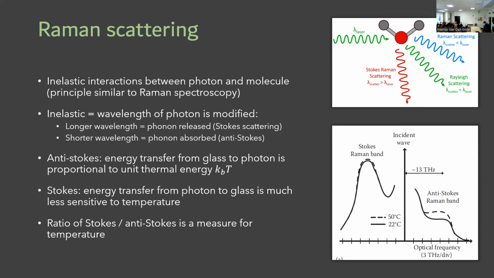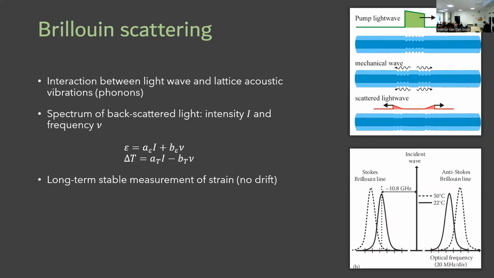A similar approach is taken with Brillouin sensing. For Raman, we're looking at the vibrations of individual molecules. But because glass is essentially quasi-lattice, you also have vibrations of the lattice itself.